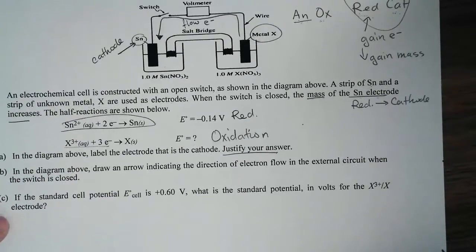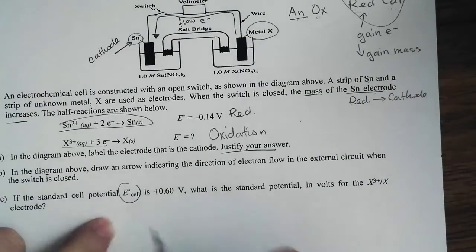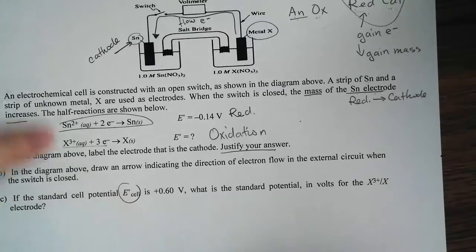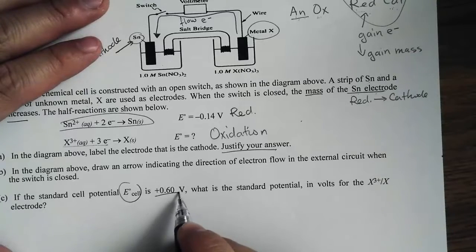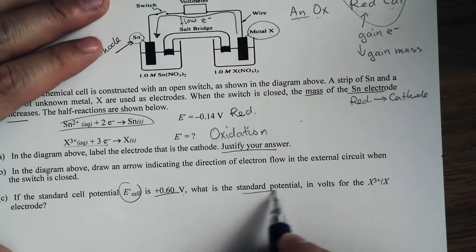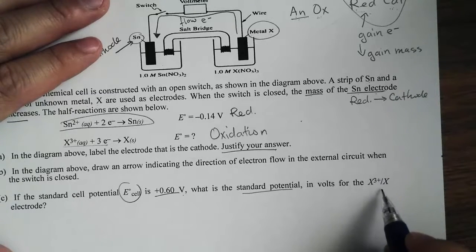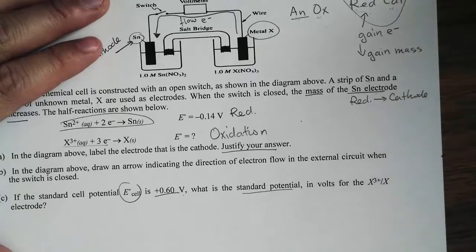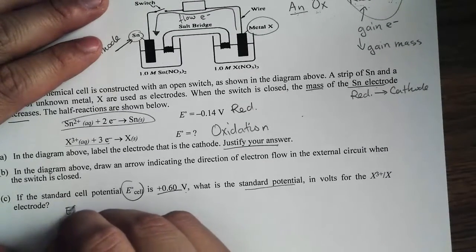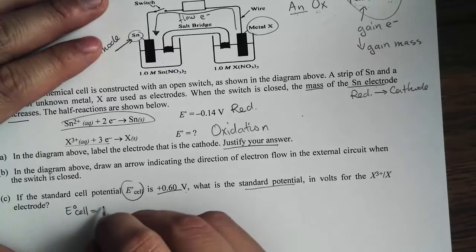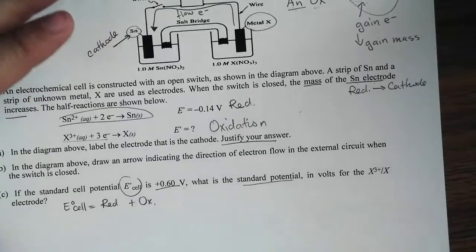Now let's go to C. If the standard cell potential was E cell, very important, okay? This is a combination of reduction and oxidation, and it tells you the E cell is 0.6 volts. What is the standard potential in volts for X with a 3+ charge and X? So we don't know what that is specifically, but we know that E cell is equal to reduction plus oxidation.